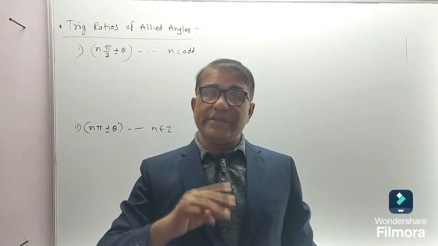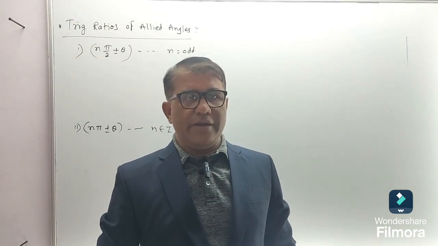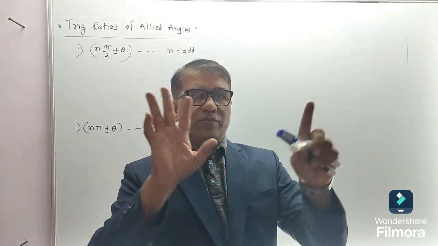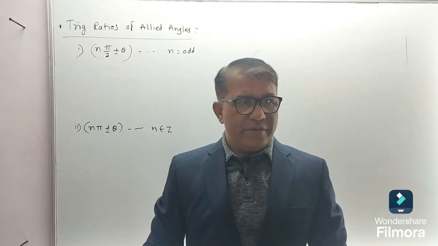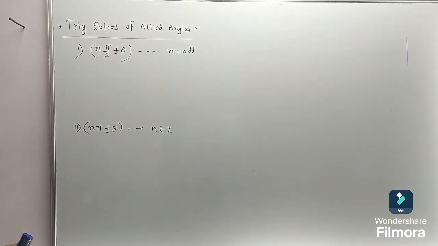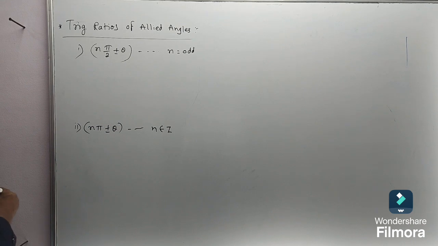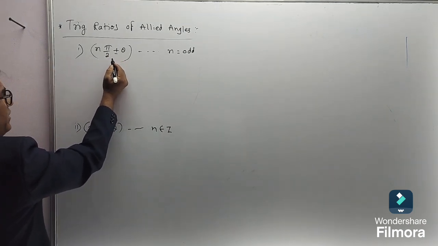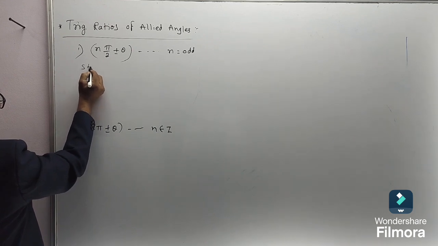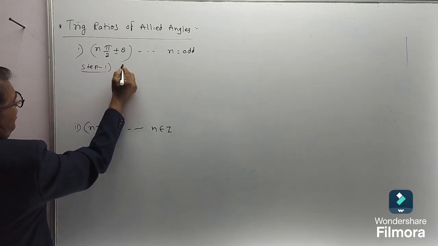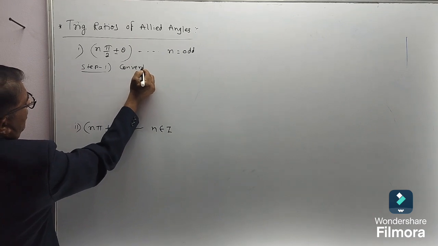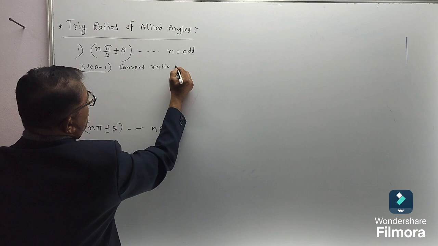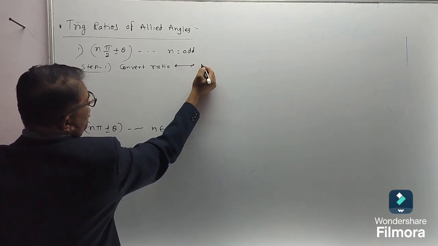Practicing 100 examples and keeping in mind one technique, both things are equal. Therefore, please concentrate here. If angles are in this form, then step 1: convert the ratio to its co-ratio.